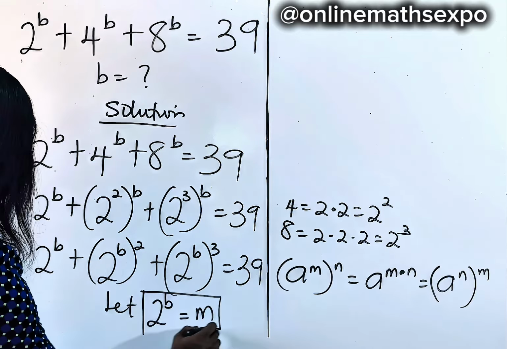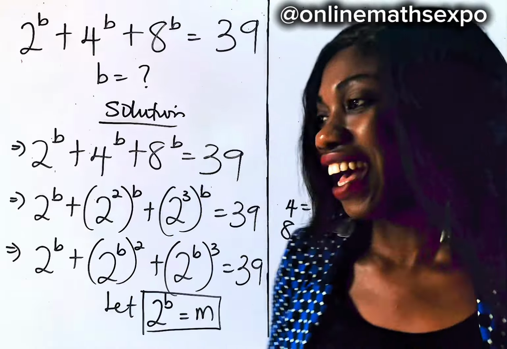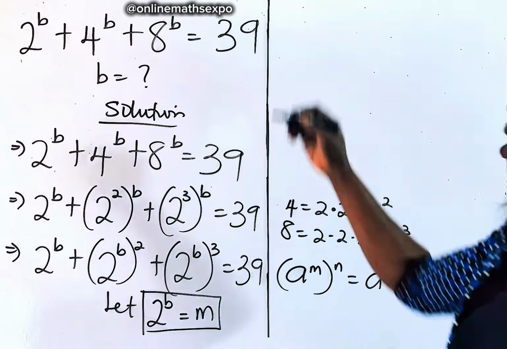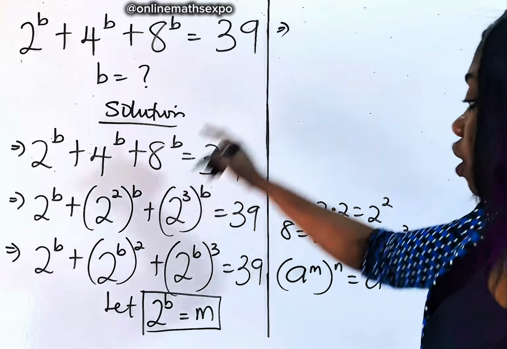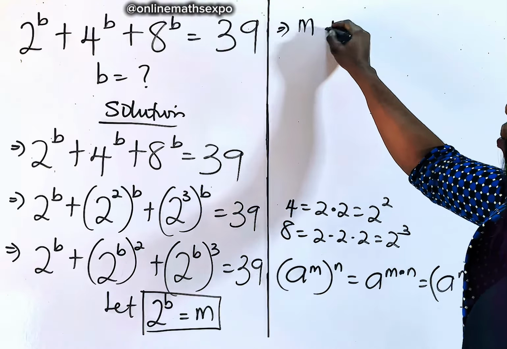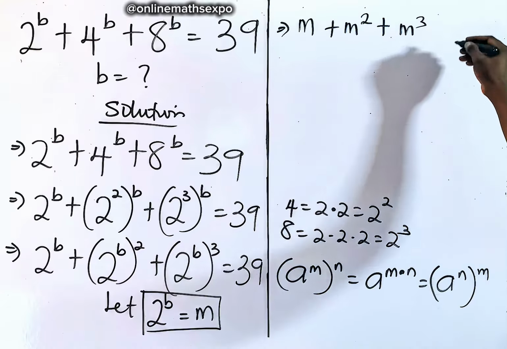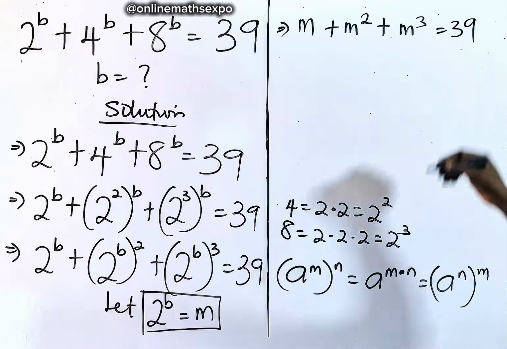So this is going to help us to substitute, and let's do that together. Instead of writing this, I'm going to write m. So I'll have m plus m squared plus m cubed is equal to 39.